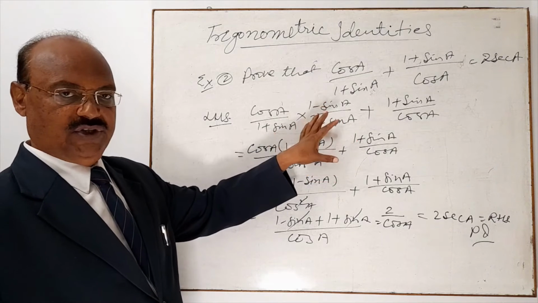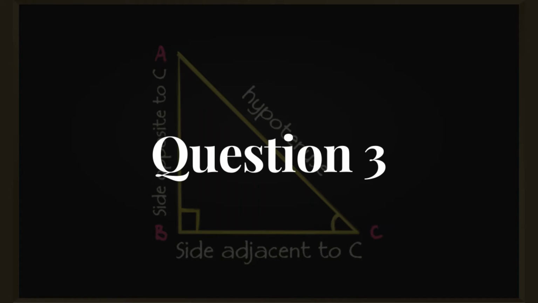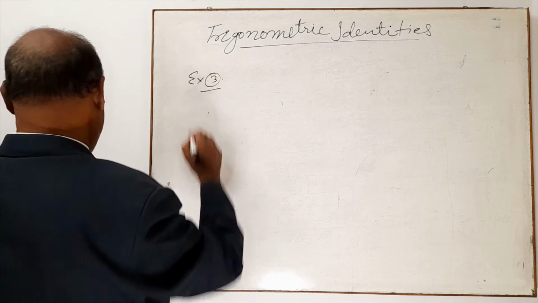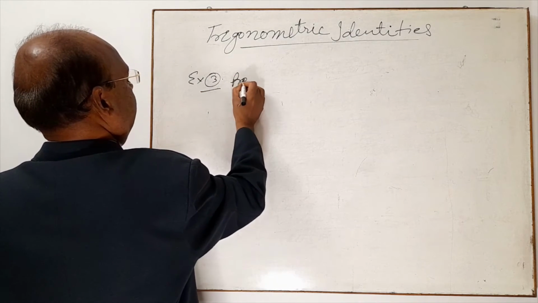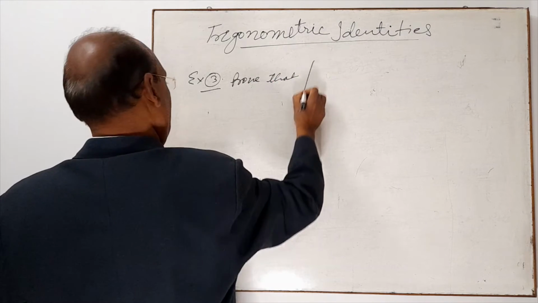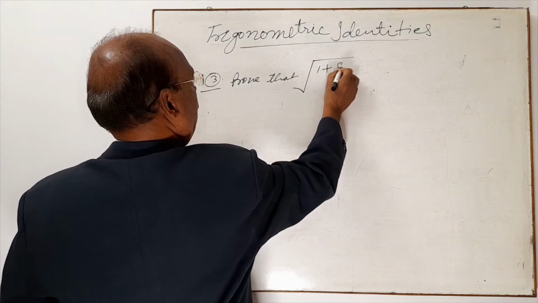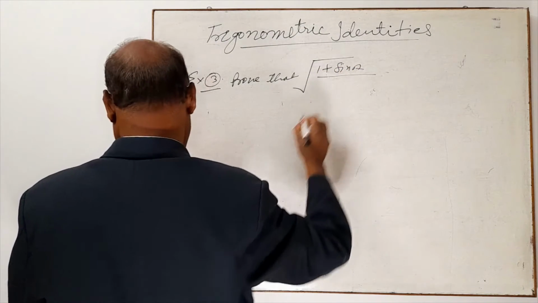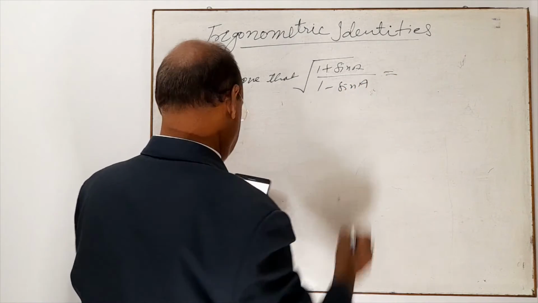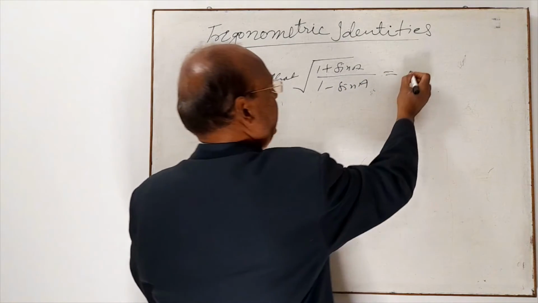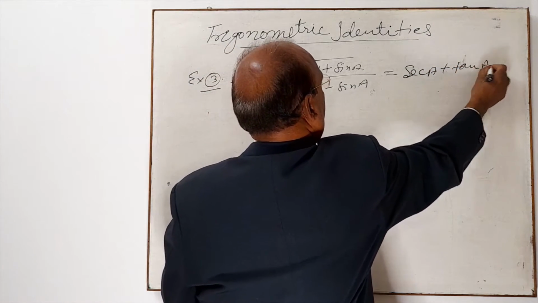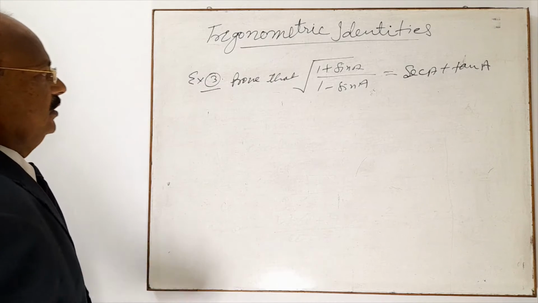Now we will see one more question here. Next question. Prove that under root 1 plus sin A upon 1 minus sin A is equal to sec A plus tan A. Let us see.